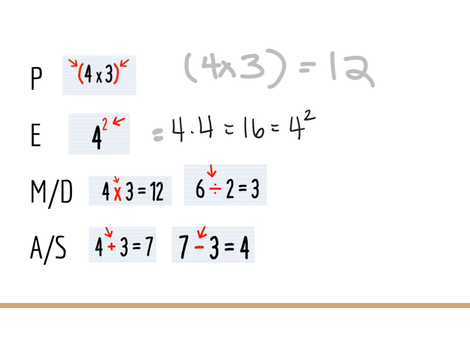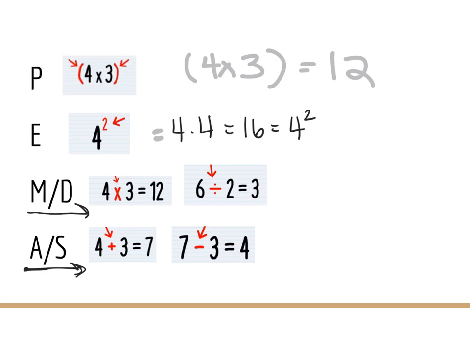All right, and then multiplication and division, M and D in PEMDAS, it's like a spectrum. Whatever we see on the left, we start and then move to the right. So if this was our equation, we would start with multiplication and then move to the right with division. Same thing for addition and subtraction. It's a spectrum. We start at the left side of the problem and move to the right, solving all of those as well.